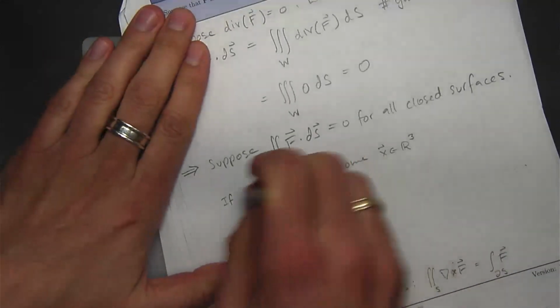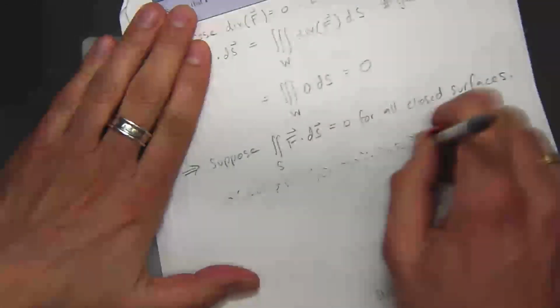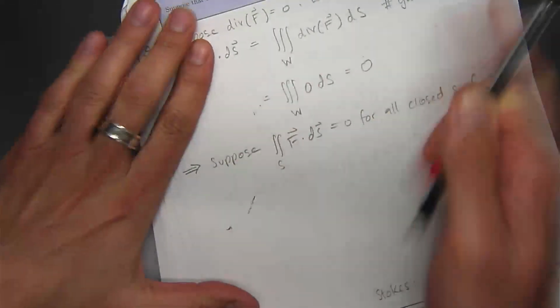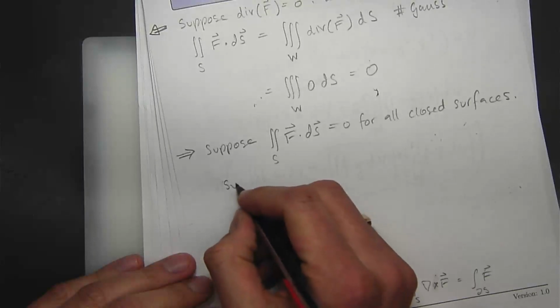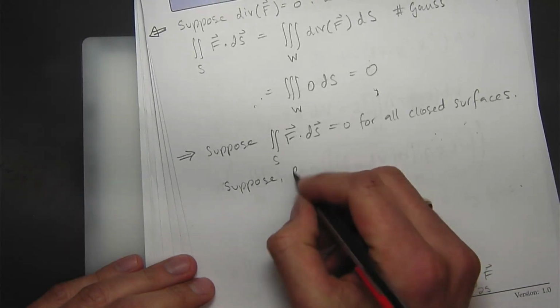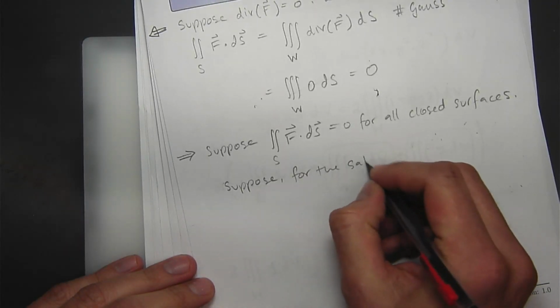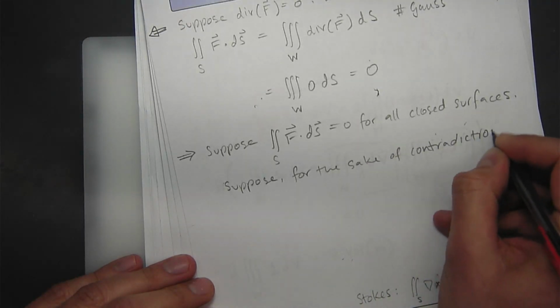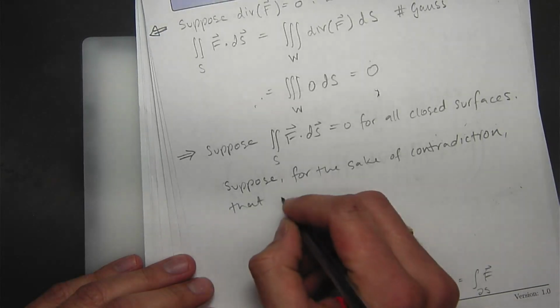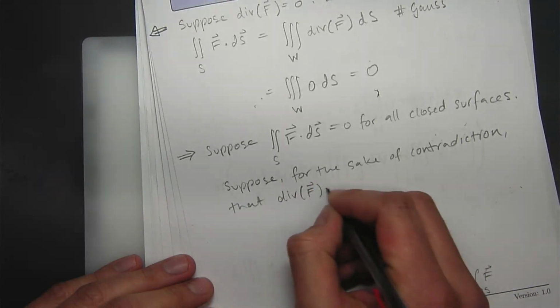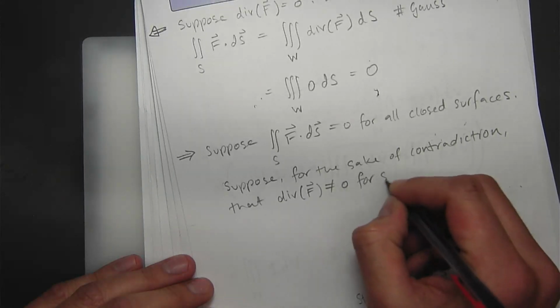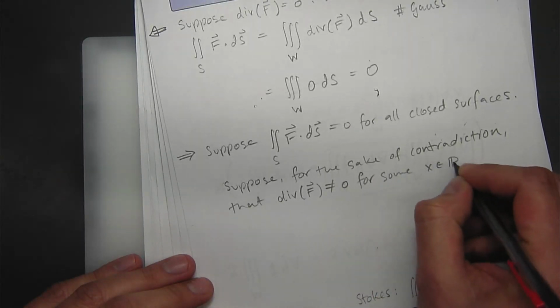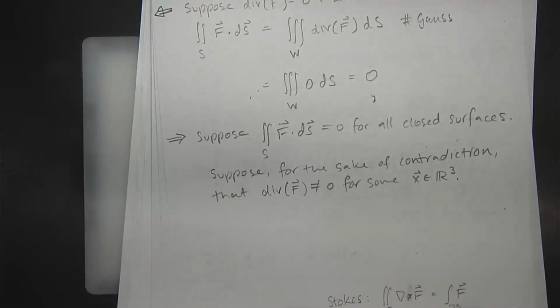suppose for the sake of contradiction, this happens. Somewhere in space we're not at divergence 0.